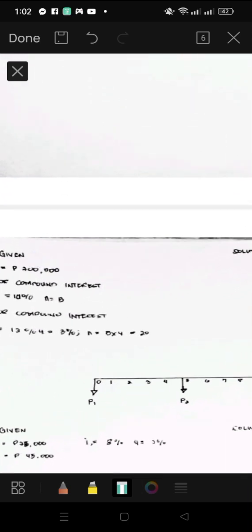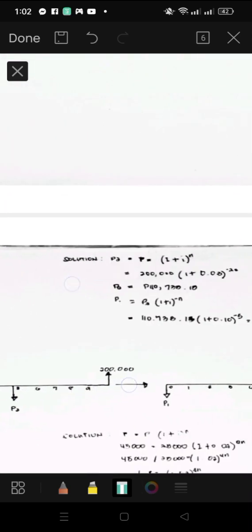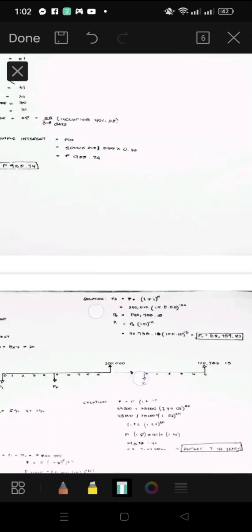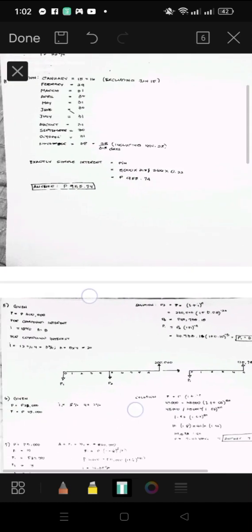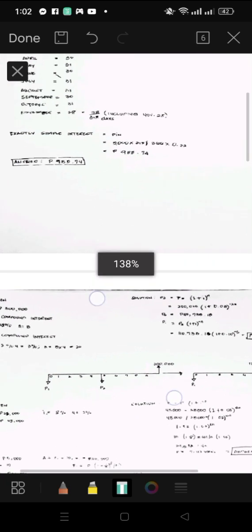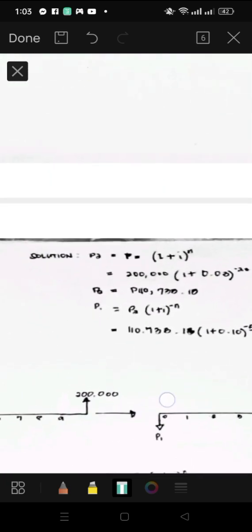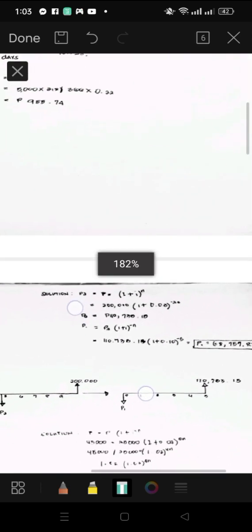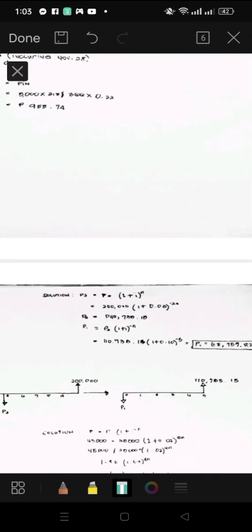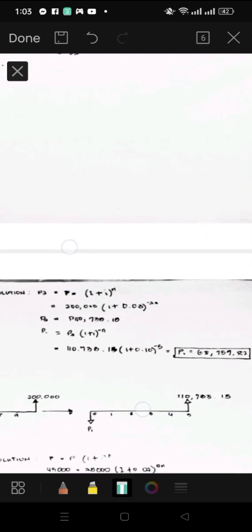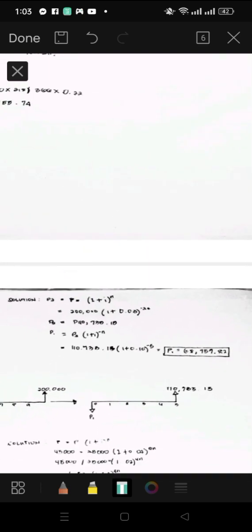To further understand the flow of money, P1 is the unknown, the principal at year 0. In year 5 is P2, the principal, so in 10 years it will be 200,000.